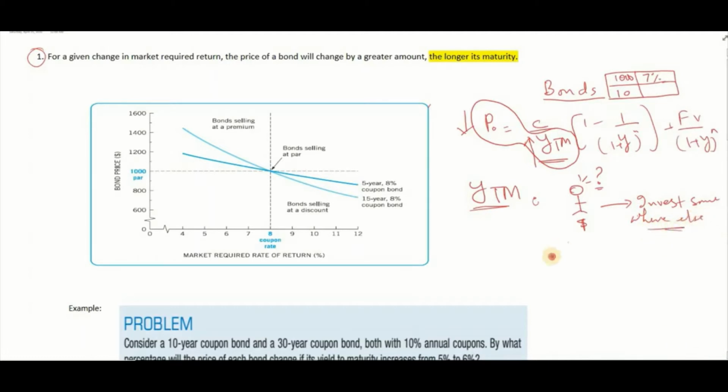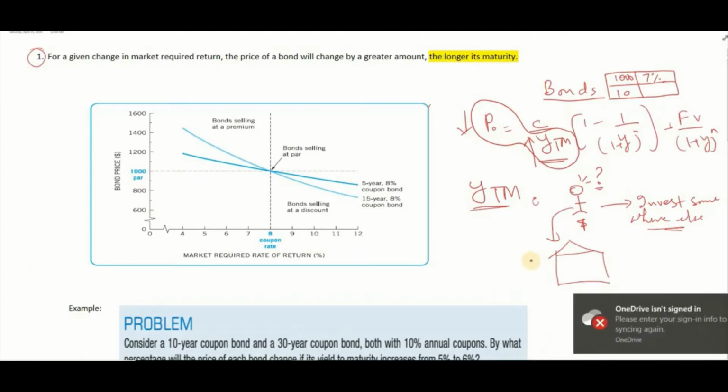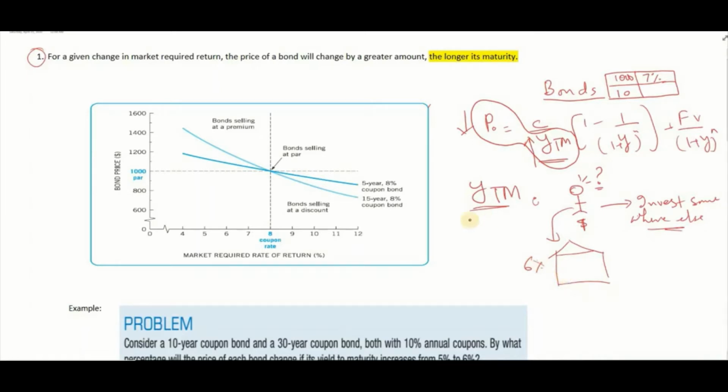So maybe I can deposit it in some bank, right? The bank is giving me 6%, right? Now you see, can you see that this bank is giving you 6% while this bond is giving you 7%.